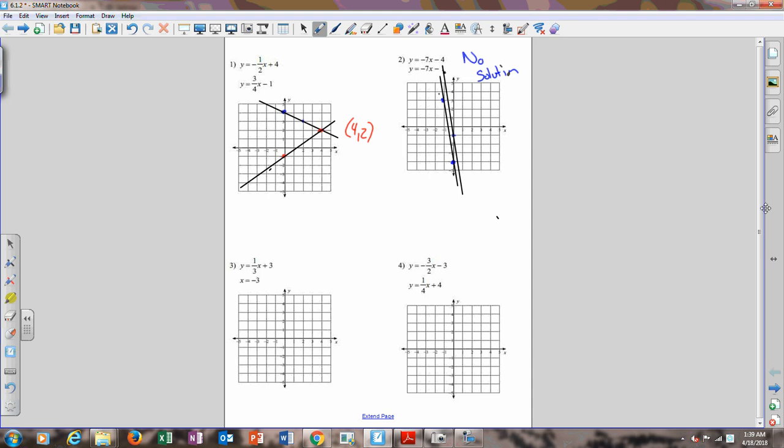Number 3, we have 1/3 x plus 3, so we go up 3, make a dot, we go up 1, right 3, down 1, left 3, then you're at -3, sorry, draw your line, getting ahead of myself here.